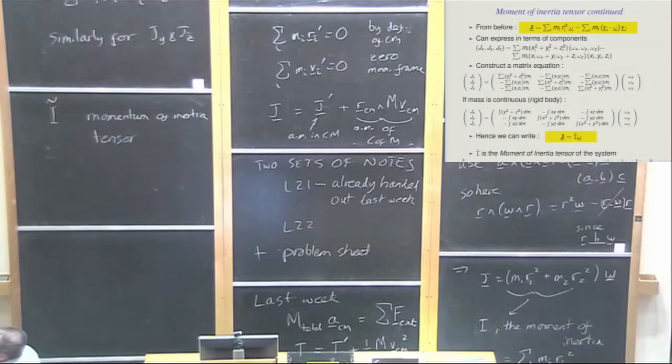But the point is that this matrix enables the direction of the angular momentum to be different from the direction of the actual angular velocity, okay? So as well as giving a factor, it is also in general rotating this vector with respect to this vector.